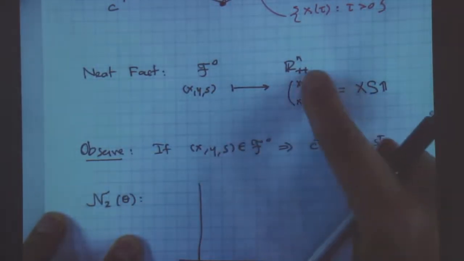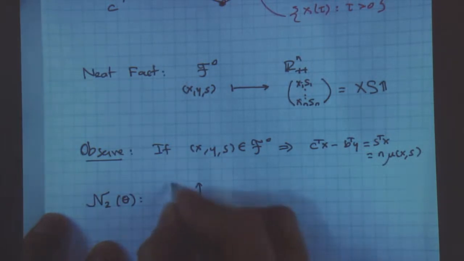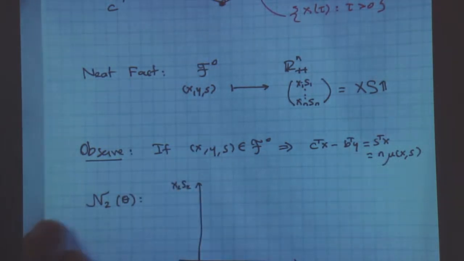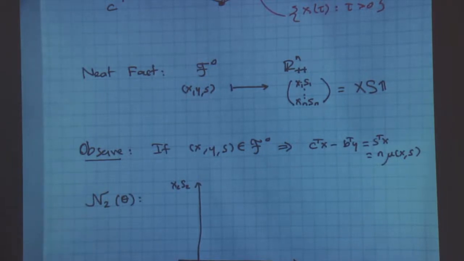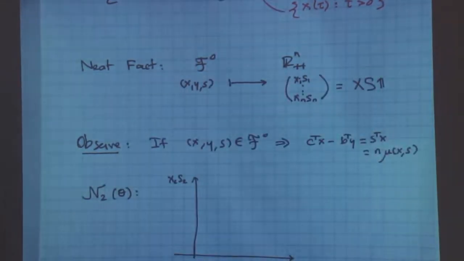If we think about it in this space, these are all the components, say x1 s1, x2 s2, and so on. If we were exactly on the central path, what happens to each one of these components, xj sj? The central path equations are these equations.